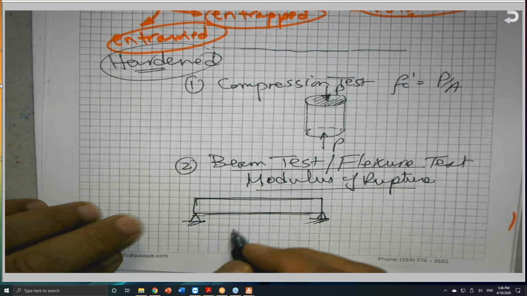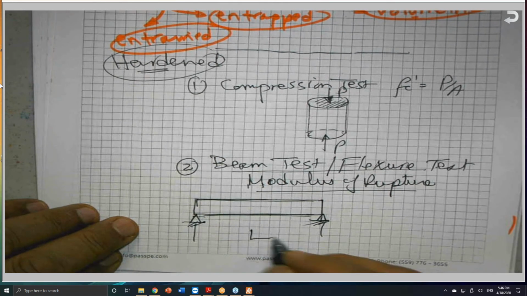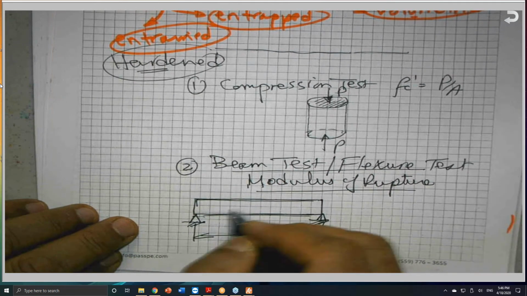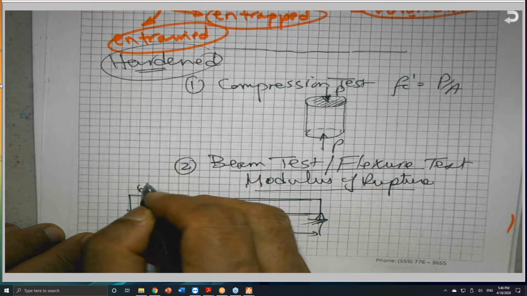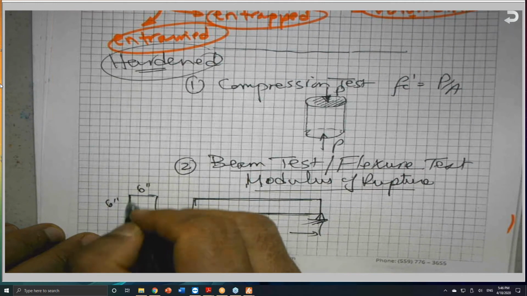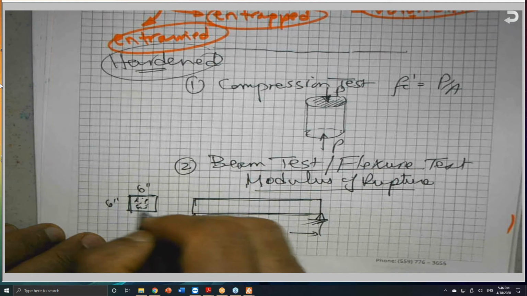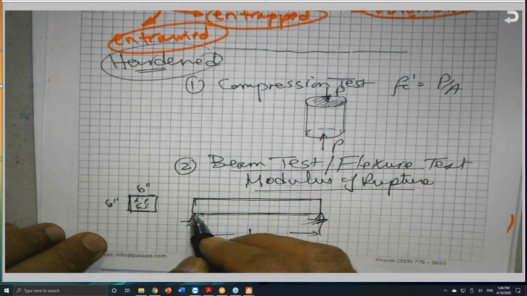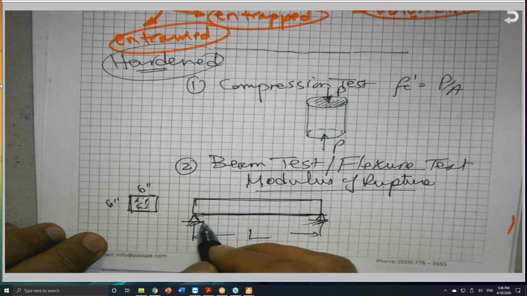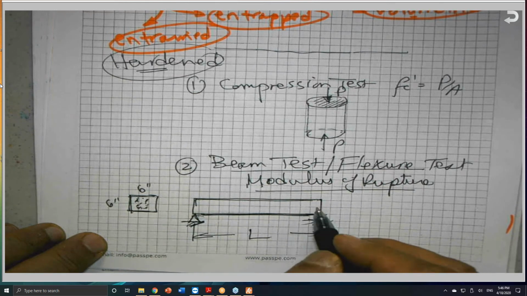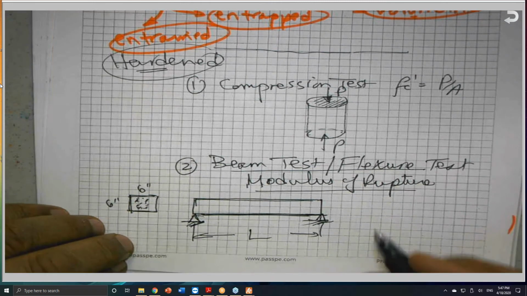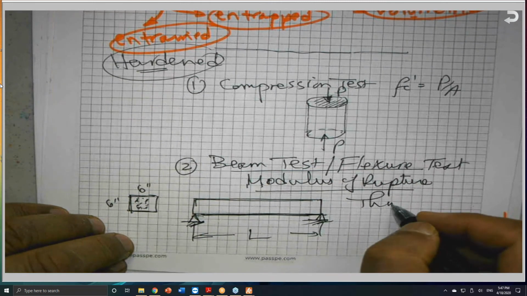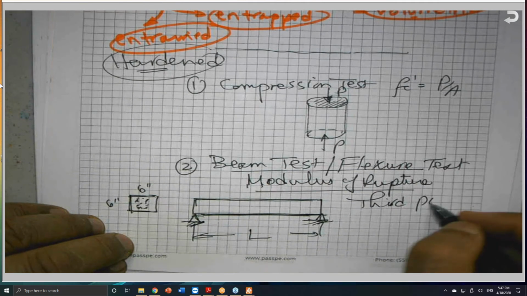So if this is L, and the cross section is 6 by 6, and probably this is what you did in school, we use what is known as the third point loading.